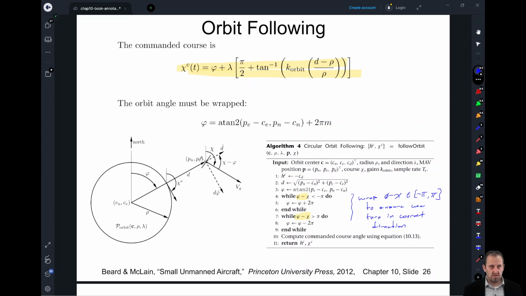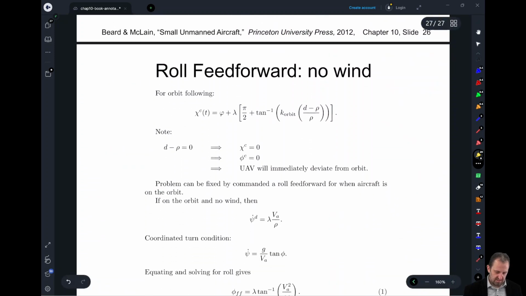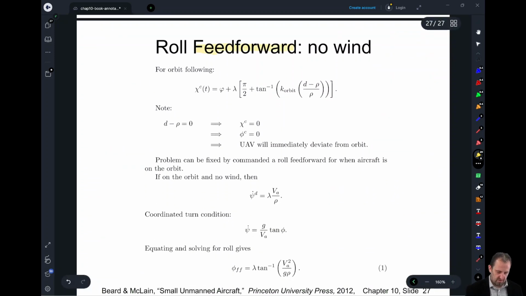Okay, so first thing with our control is just to make sure that we're wrapping correctly. Now the second thing that we have to do is a feed forward term on our roll. So our convergence analysis did not talk about convergence of our actual control, right? Our actual control will not work perfectly, will not converge to the right radius.